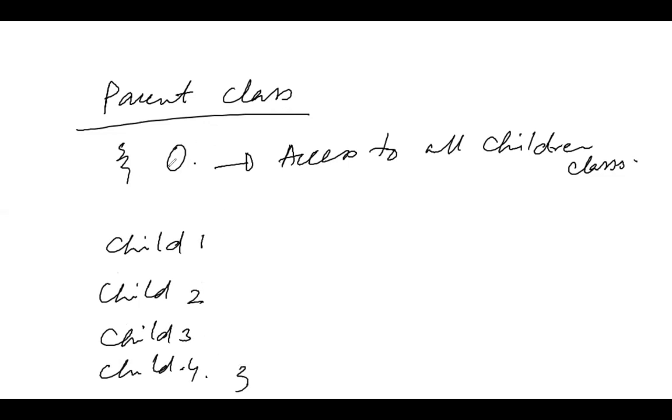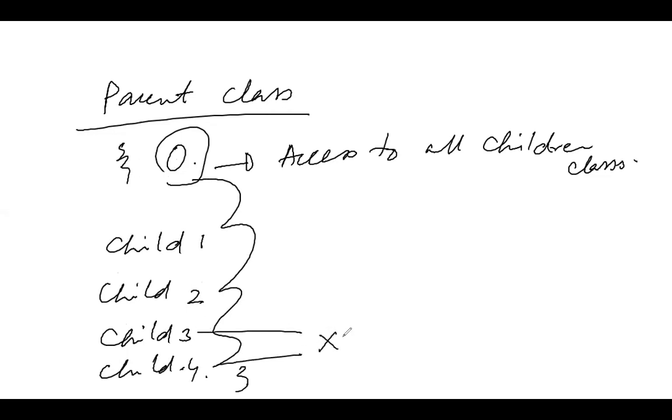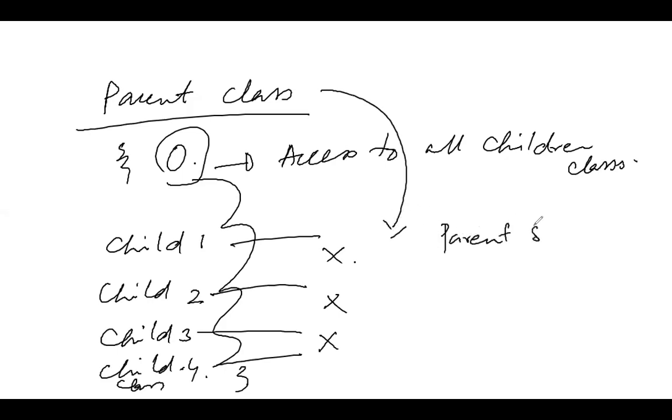So look at this, the parent class object may have access to all of them, but child classes 4 and 3 may not be able to access each other. Child classes 4 to 1, they may not have access to each other. But if you want to access from the parent side, then parent-side access is allowed by default.